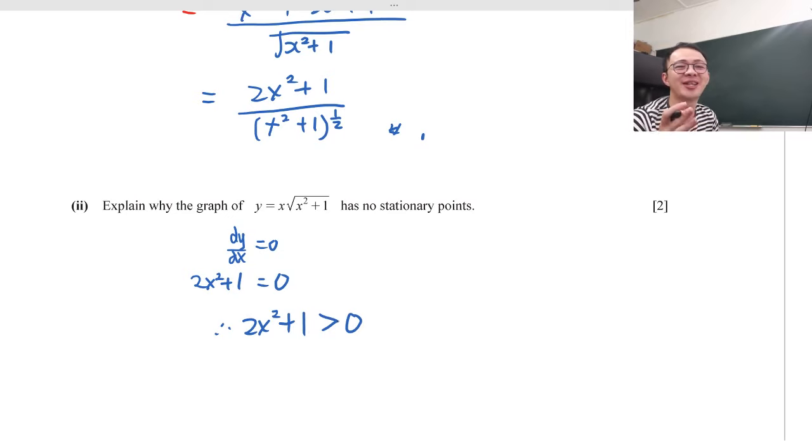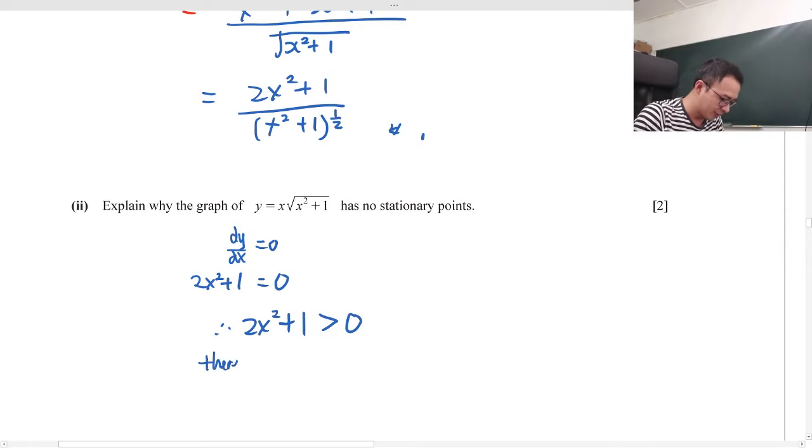Actually you should always get bigger than 1. So therefore you can say 2x squared plus 1 must always be positive, or cannot equal 0. So therefore it is not possible. Explain why the graph has no stationary point.